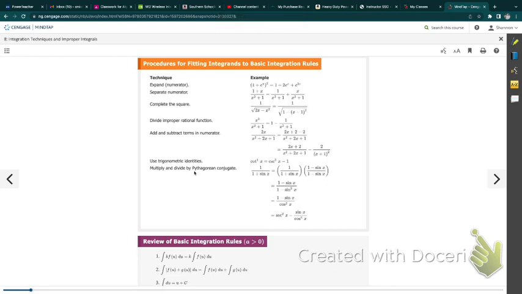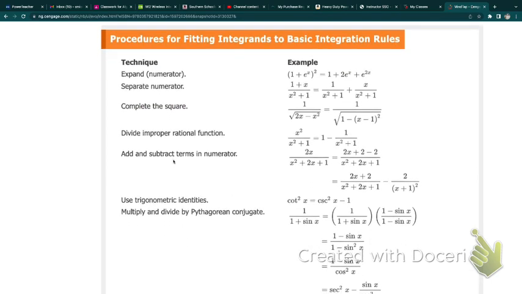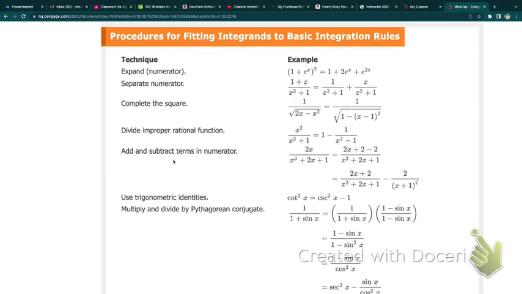Okay, so I wanted to point out this. Procedures for fitting integrands to basic integration rules. So you can expand the numerator. We did that. And this is just an example. This is all in your textbook on page 519 if you want to look at it. You can separate the numerator. We did that today.